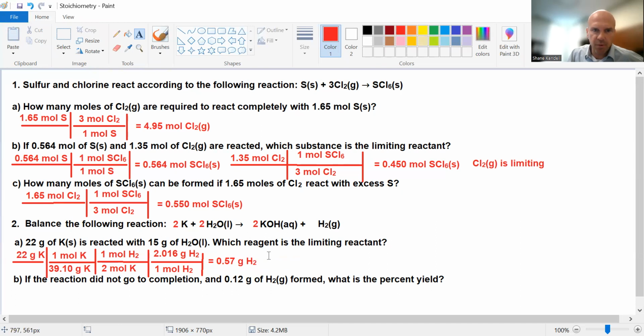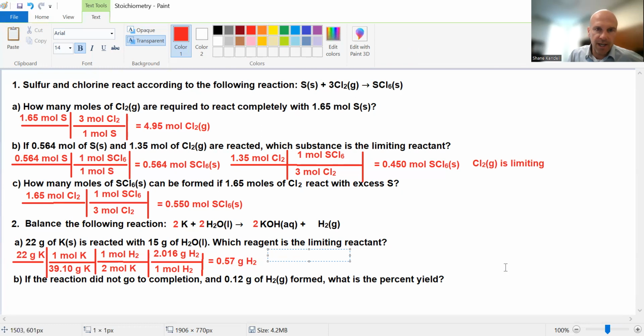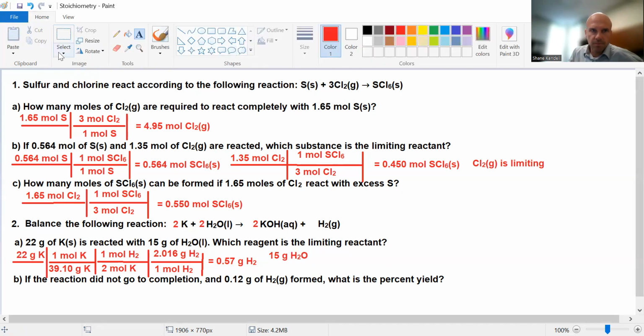Now I'm going to repeat the exact same process, but with the H2O. So as the question states, I have 15 grams of my H2O. And then I'm going to relate my grams of H2O.